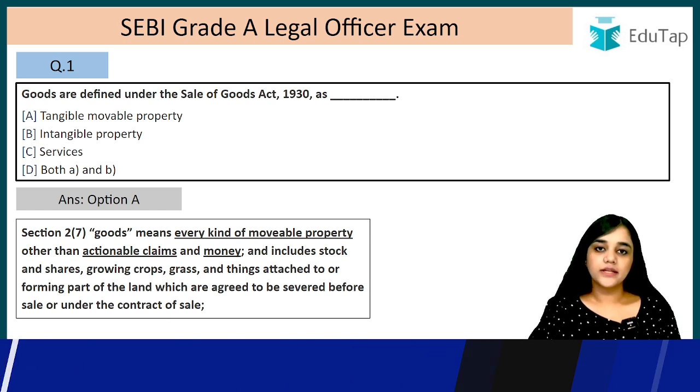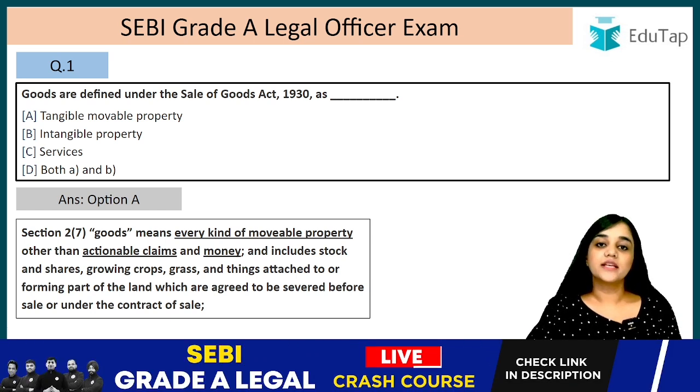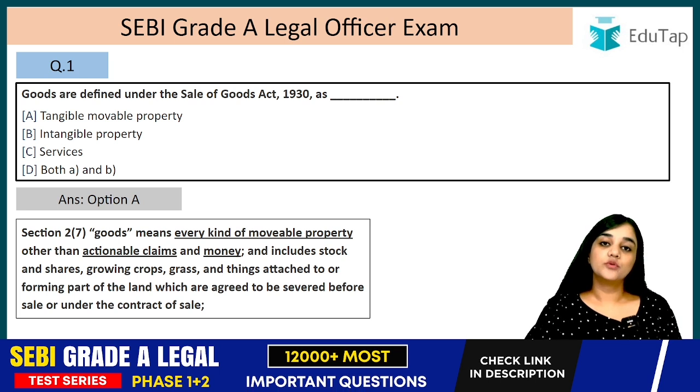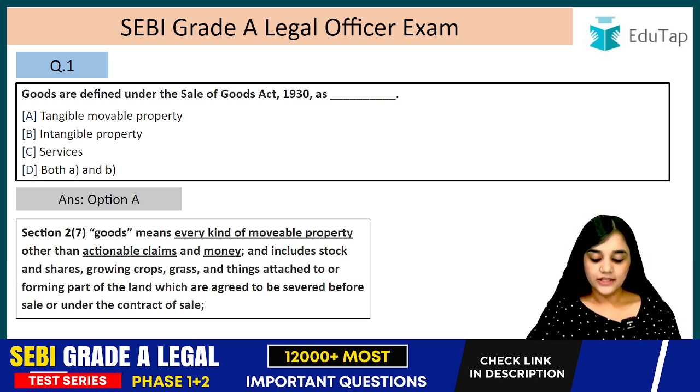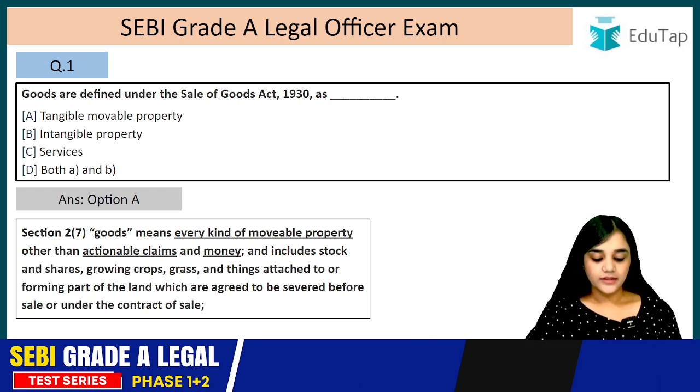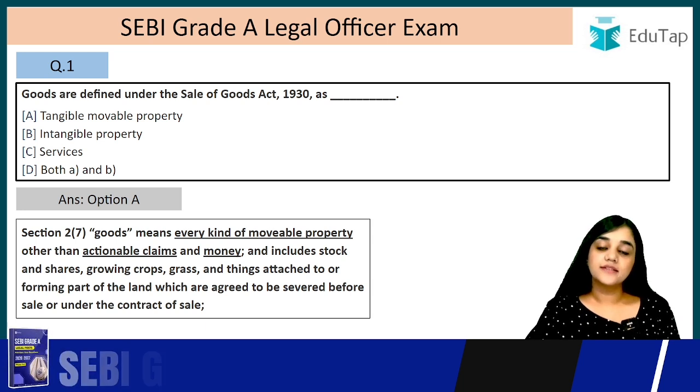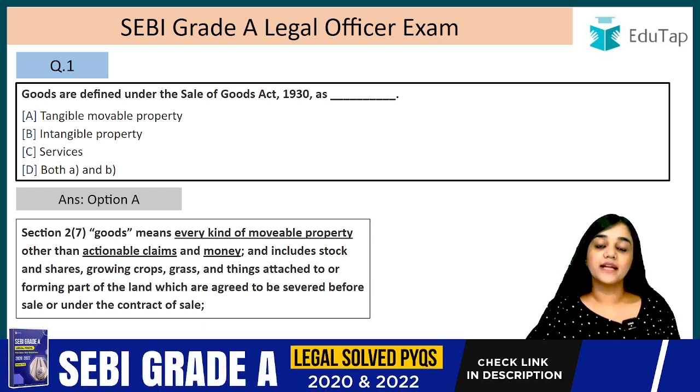But this does not clear anything. So now we need to know what is immovable property. Again, we have to move to the General Clauses Act, and according to it, immovable property includes land. Things affixed to earth, for example trees, buildings, your house, right?